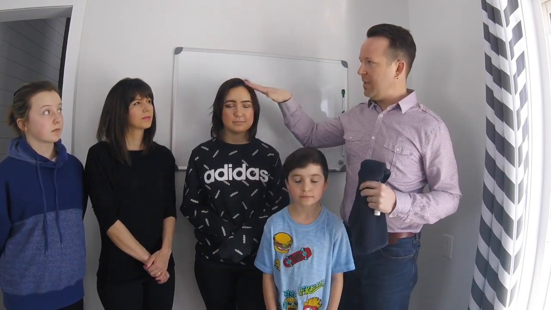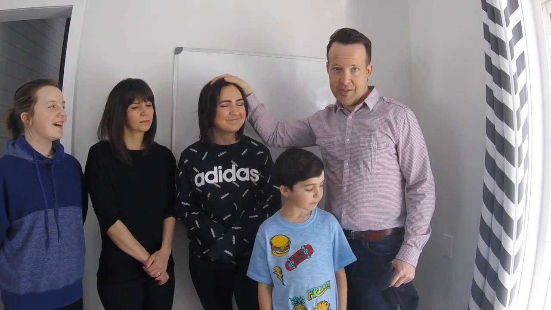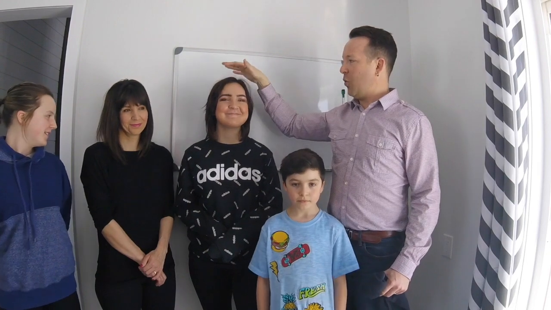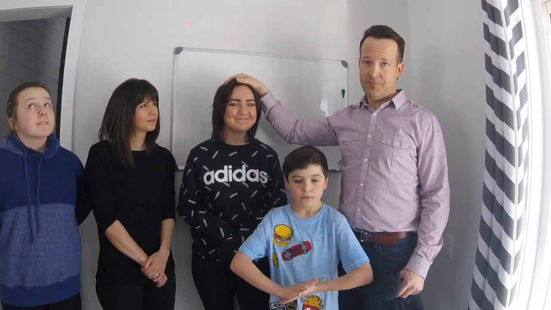Remember, the bottom number, the denominator, tells you how many things we're talking about, and the numerator tells us which one of those things we're expressing. So one of those things is my 16-year-old daughter, and so 1/5 of my family is a 16-year-old daughter.